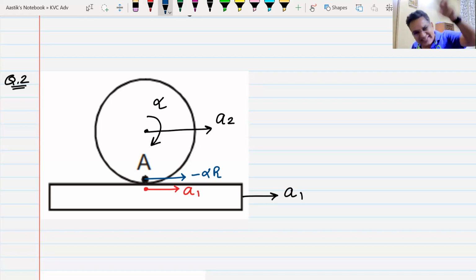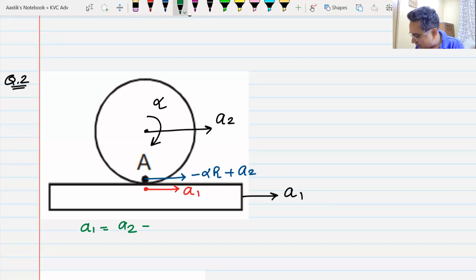So minus alpha r is backward, plus A2 is forward. Yes or no? Yes, sir. Now these two must be same. That implies A1 should be equal to A2 minus alpha r. That is the constraint relation.